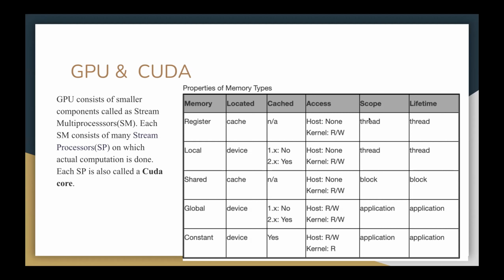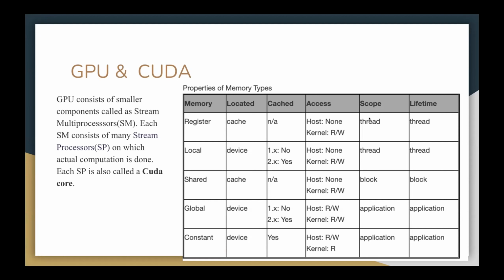GPUs consist of smaller components called stream multiprocessors, or SMs, and SMs consist of many stream processors, where the actual computation is done, like additions and other very tiny operations. Each SP is also called a CUDA core. The important part of the CUDA GPU is the properties of memory types.